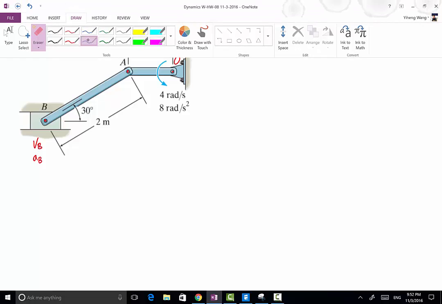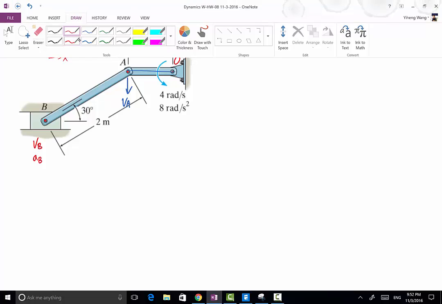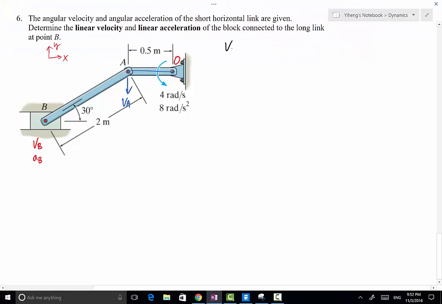Because AO is doing rotation about a fixed axis, that actually makes things a lot easier. We know that the velocity of point A must be vertical down because the path is going to be a circular path. Therefore, VA has to be tangent to that circular path and perpendicular to this radius. Therefore, if we set up our conventional XY coordinate system this way, then we know that VA must be vertical down. So VA vector equals negative.